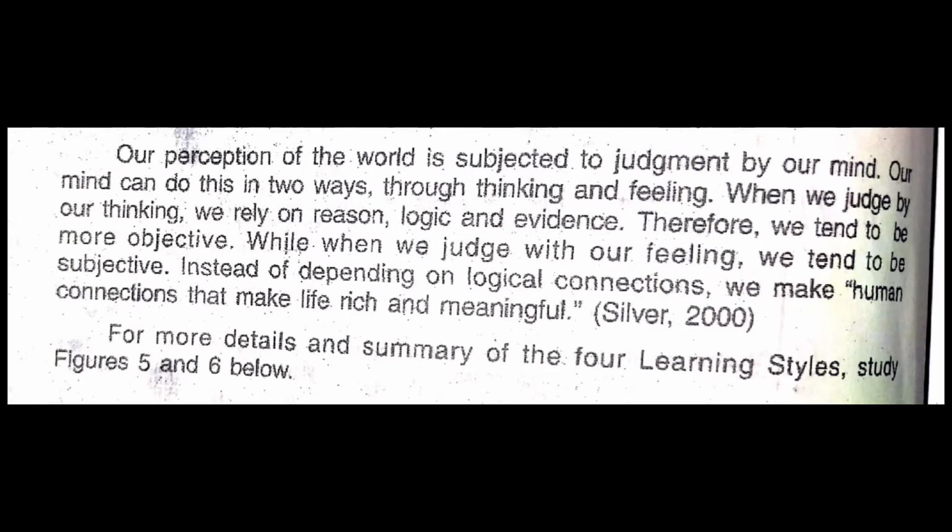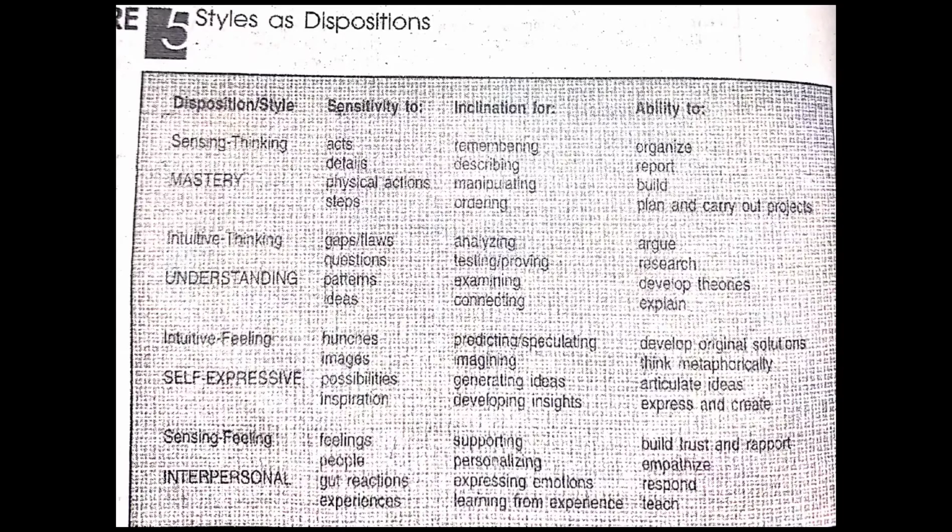Our perception of the world is subjected to judgment by our mind. Our mind can do this in two ways: through thinking and feeling. When we judge by thinking, we are more objective, while when we judge with our feeling, we tend to be subjective. Instead of depending on logical connections, we make human connections that make life rich and meaningful.